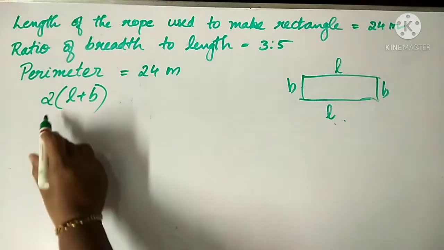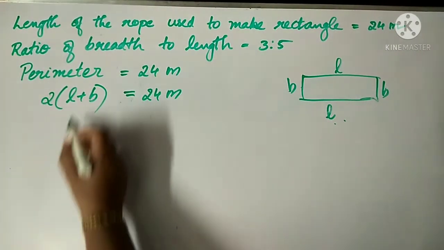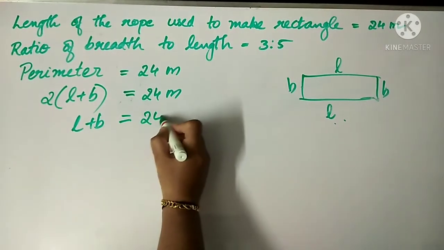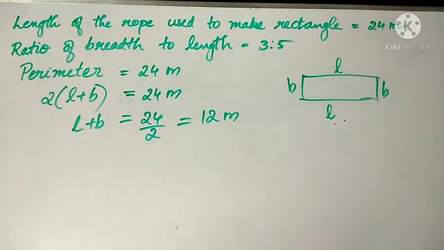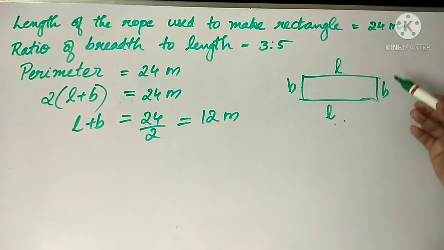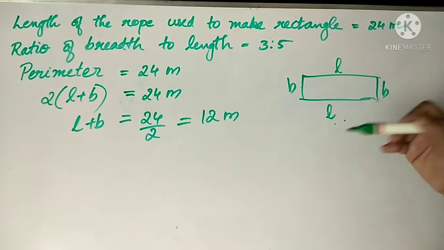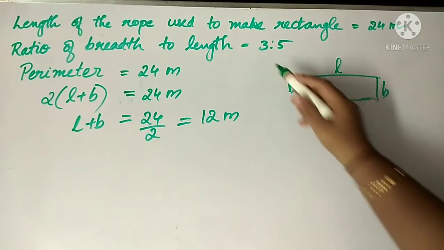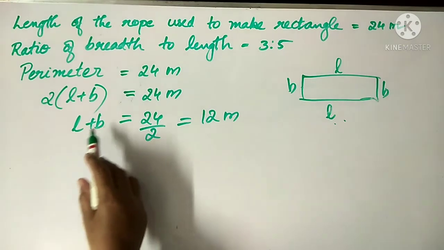So we write 2 into L plus B is equal to 24 meter. So L plus B is equal to 24 by 2, that is equal to 12 meter. So now we get length plus breadth. We have to find the breadth and length in the ratio 3 is to 5.